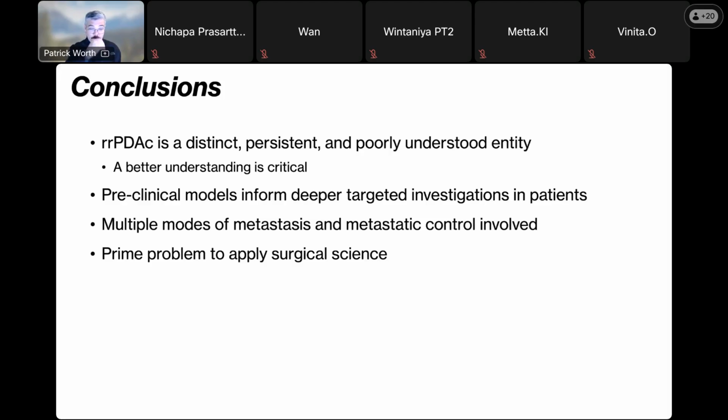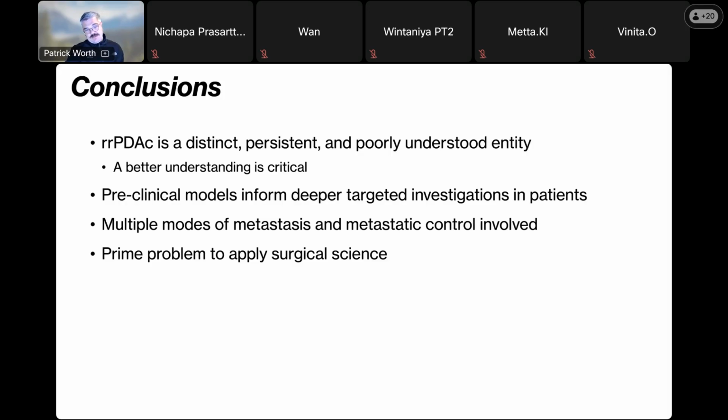I'm hopeful that we can translate this in the coming years to more targeted investigations in patients who experience rapid metastatic recurrence in pancreatic cancer, but also into understanding how the timing and sequencing of our therapies around both a neoadjuvant and adjuvant approach to pancreatic cancer might influence some of these populations of cells.